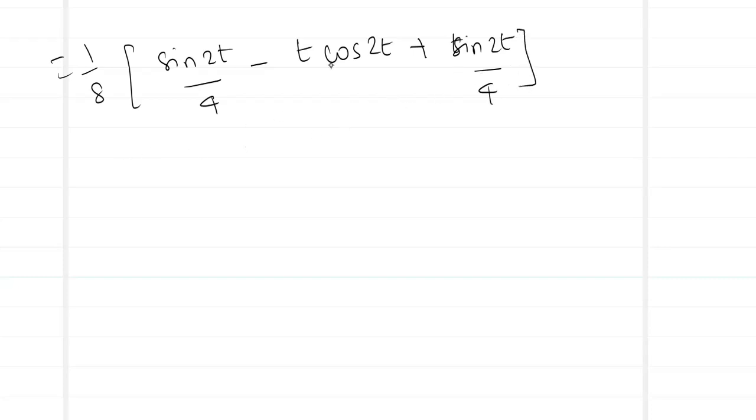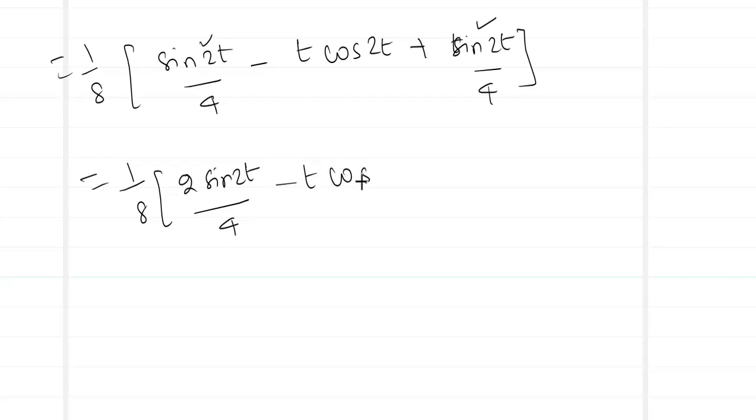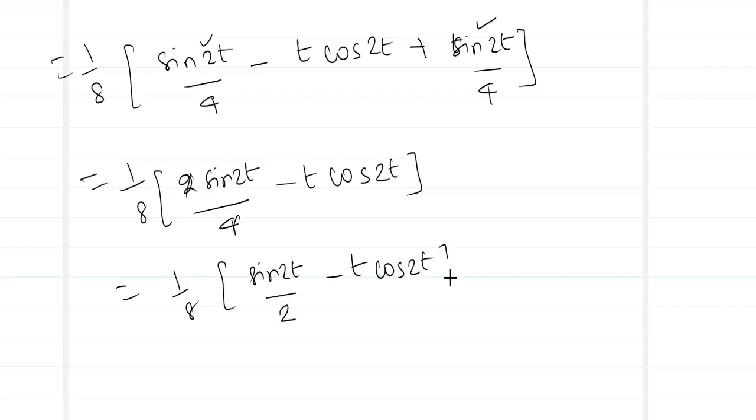Okay. So now this sine 2t and this sine 2t can be combined to give you 2 sine 2t by 4 minus t cos 2t. Now this can further be simplified to 1 by 8 times sine 2t by 2 minus t cos 2t.